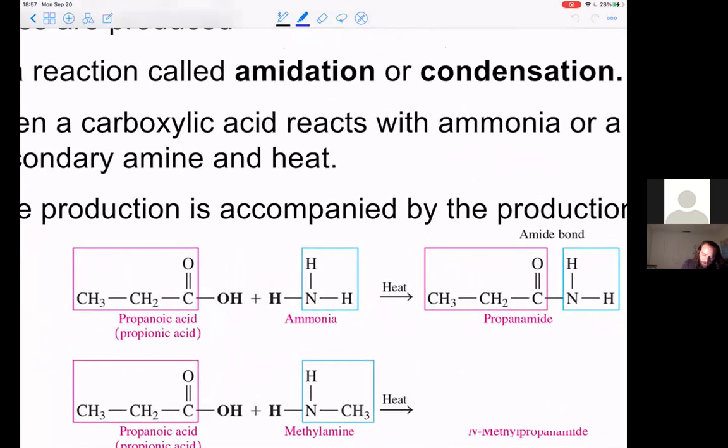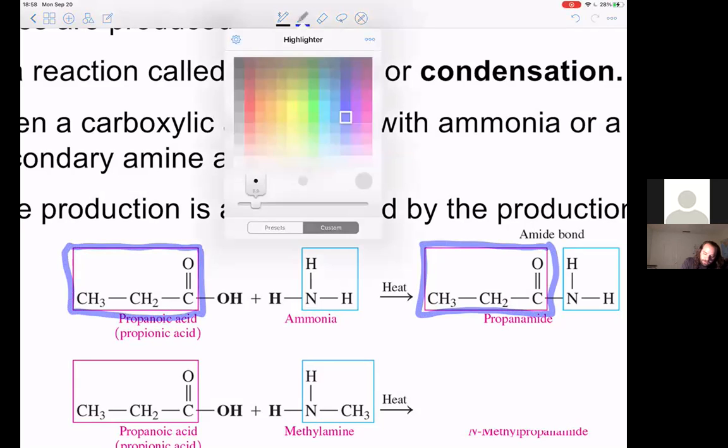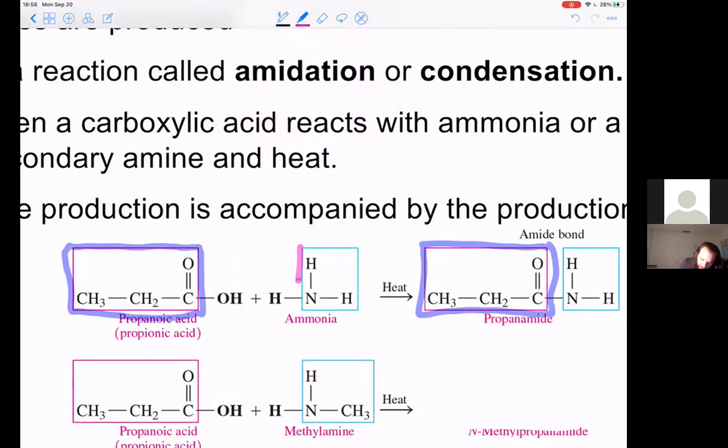We have a carboxylic acid, in this case propanoic acid, reacting with ammonia and creating an amide. Notice that this portion is coming from my carboxylic acid, and then the ammonia is losing one of its hydrogens and replacing that with that carbonyl carbon bond.